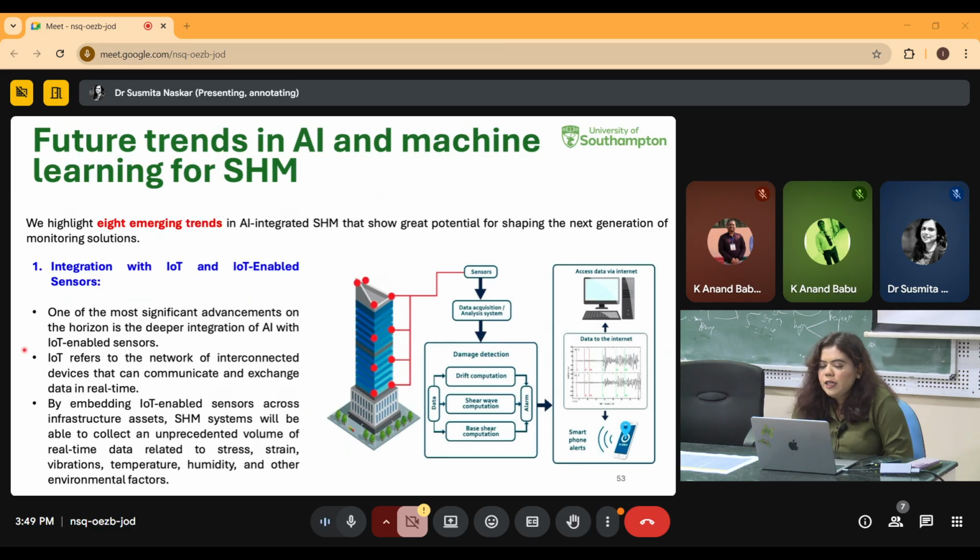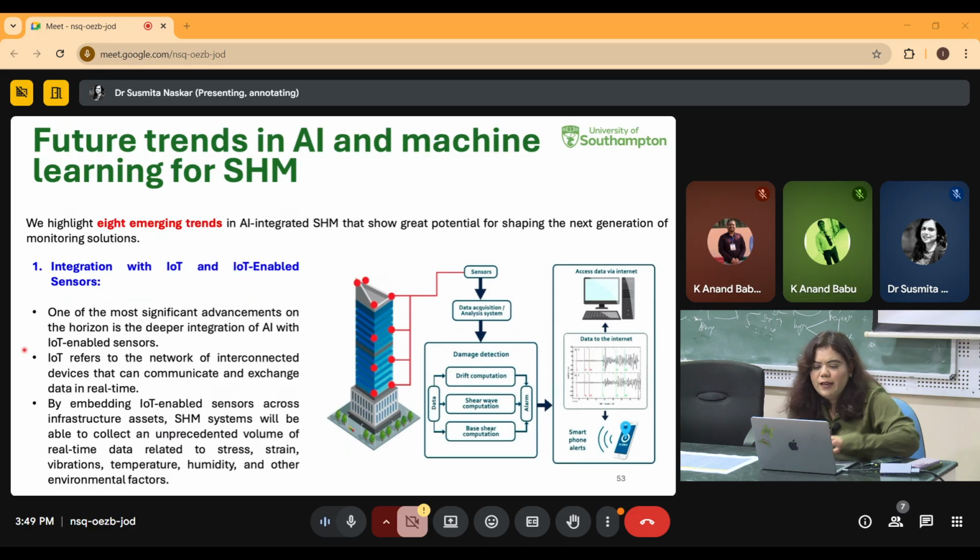Embedding IoT-enabled sensors across the infrastructure helps us gather real-time measurements of stress, strain, vibration, sometimes temperature changes, humidity, and a lot of other environmental factors. This data then feeds into AI-based analysis systems, enabling very fast damage detection, predictive maintenance, and smarter decision making, right? That's where this always lies.